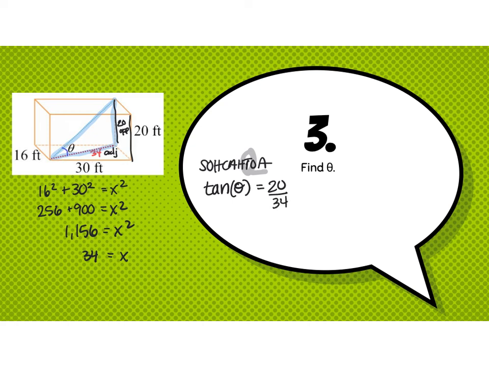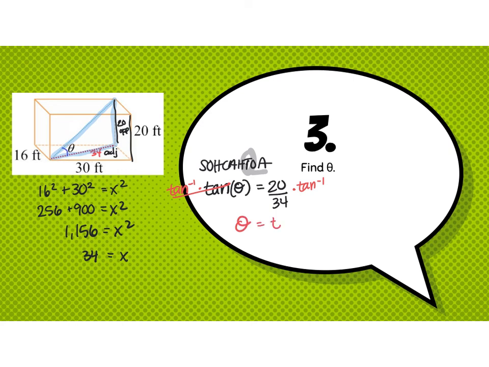Now remember, in our last lesson, we learned when we're trying to find that missing angle measure, we need to use the inverse. The inverse here is inverse tan. So I'm going to multiply both sides by tan inverse. On the left, the tans cancel, and I have theta.